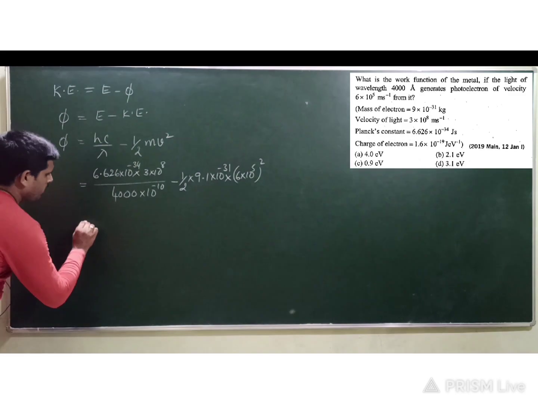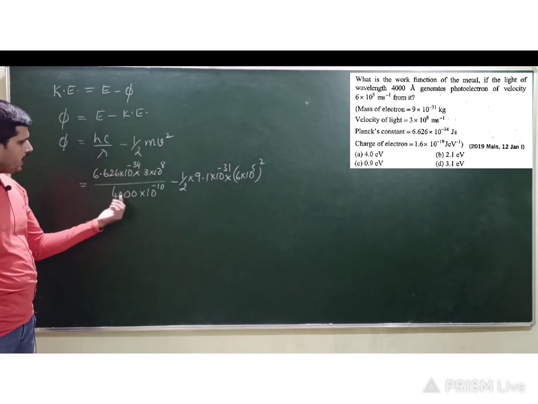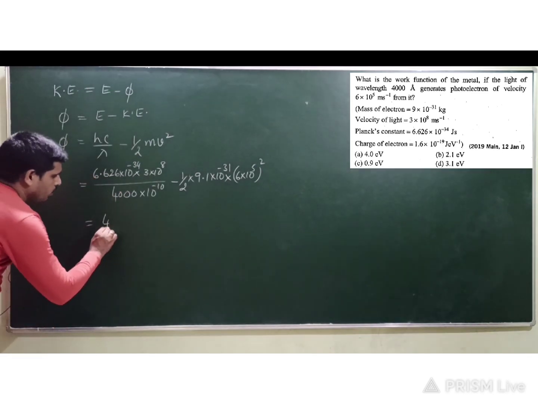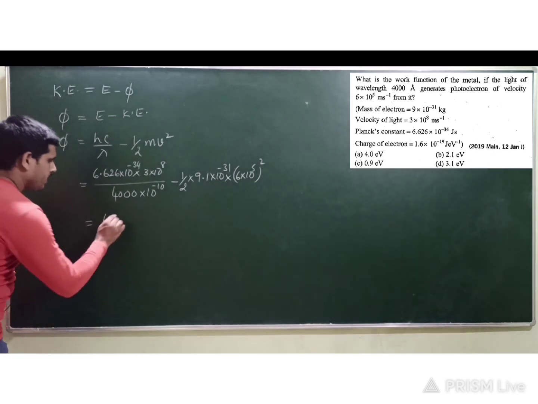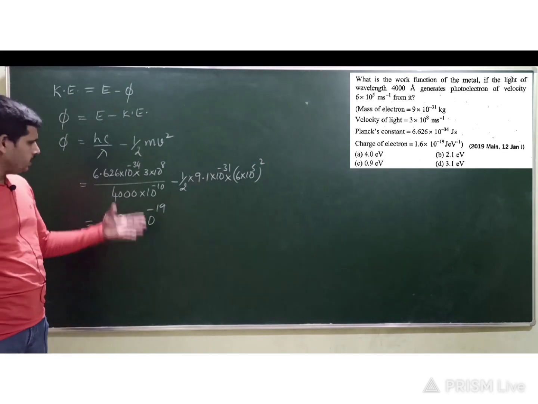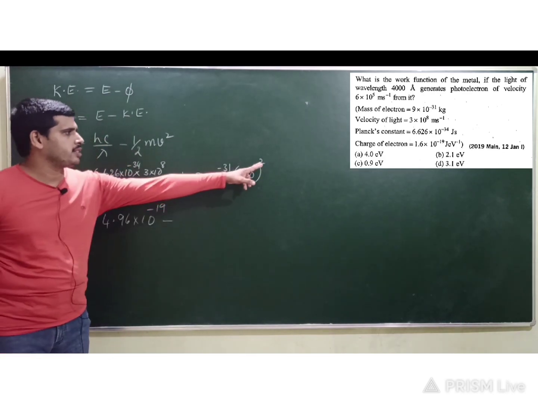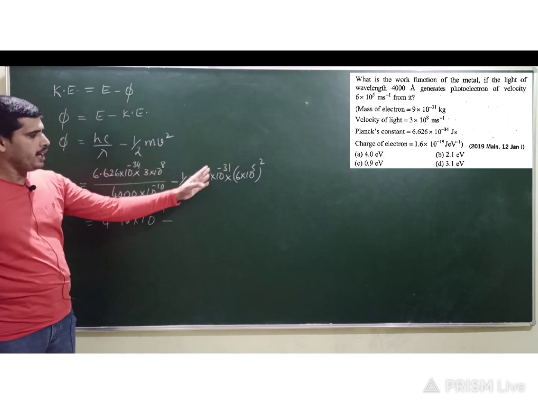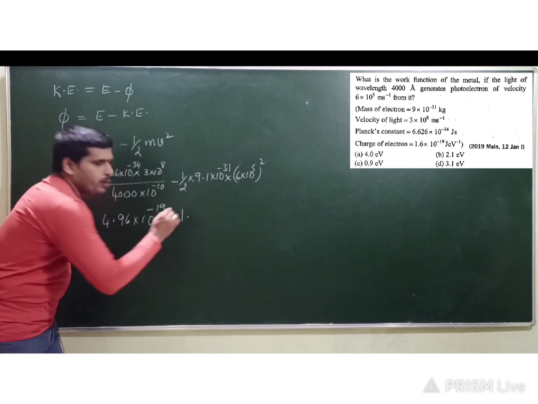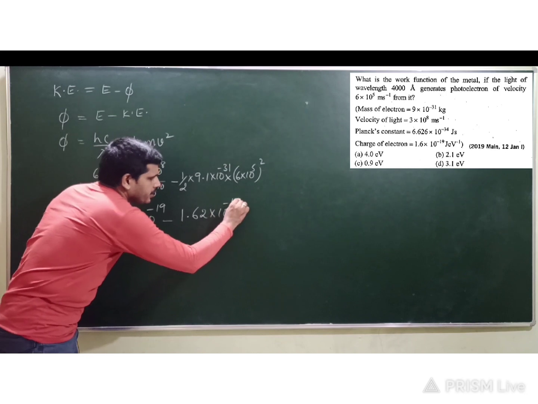That's all. Now simplification. If you simplify this, 10 to the power 16, and you cancel or approximate the value, you will get 4.96 into 10 to the power minus 19, energy of course in joules, minus the simplification of this, 36 into 10 to the power 10, and further simplified, the value will be 1.62 into 10 to the power minus 19.